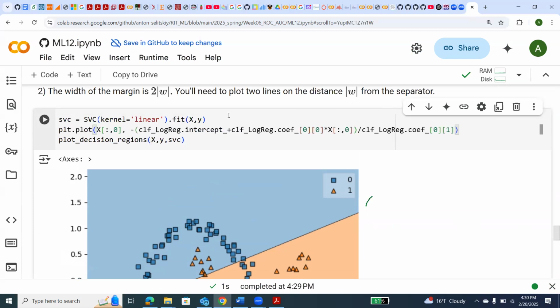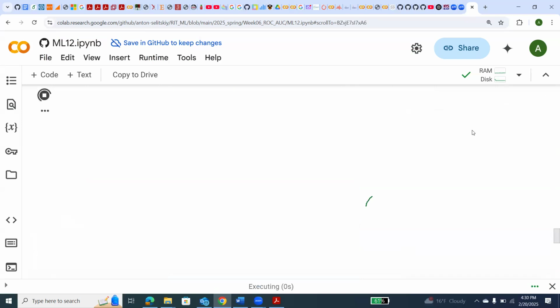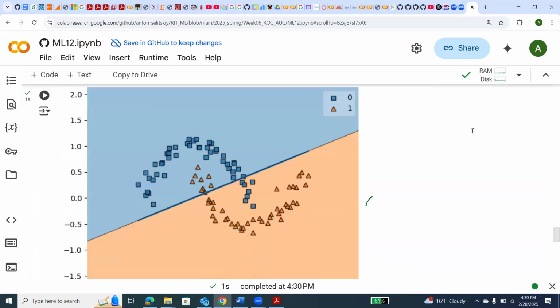But instead of regression, I will use SVC. So it will plot this blue line.